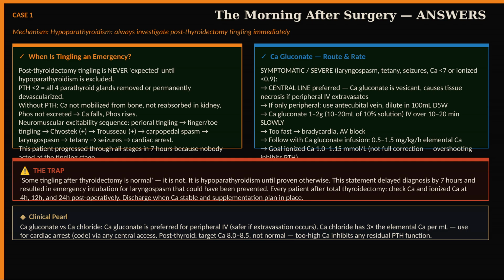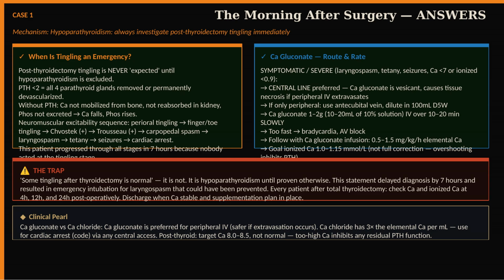Now the route and rate, because this matters. For severe or symptomatic hypocalcemia, laryngospasm, tetany, and ionized under 0.9. Use a central line if you can, because calcium gluconate is a vesicant, and will cause tissue necrosis if it extravasates peripherally. If you only have peripheral access, use a big antecubital vein and dilute it.